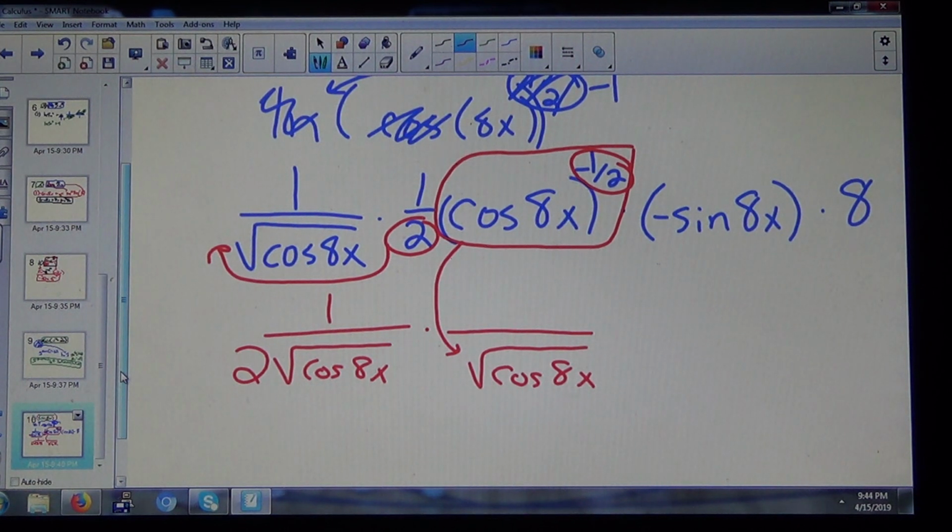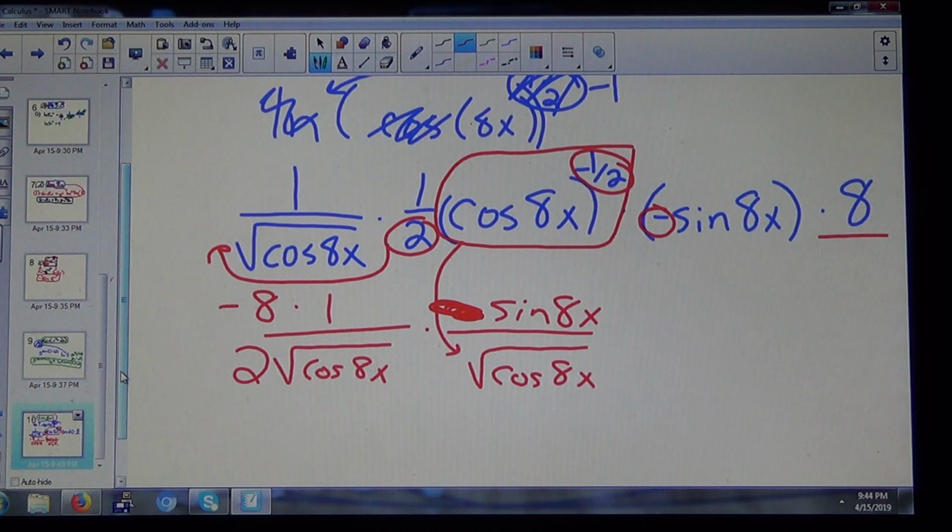Okay, this negative sine 8x will stay on the top. And then I actually have a negative. I'm going to bring this negative and this 8 out in the front. So negative 8 out in front.